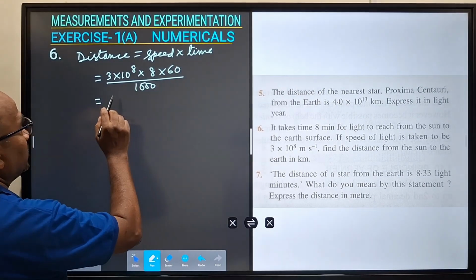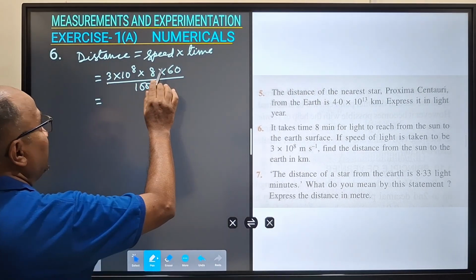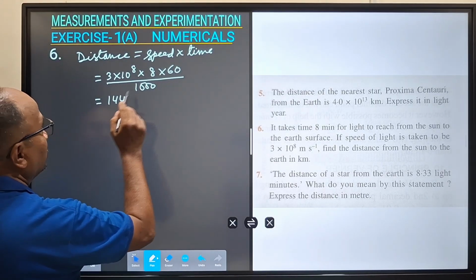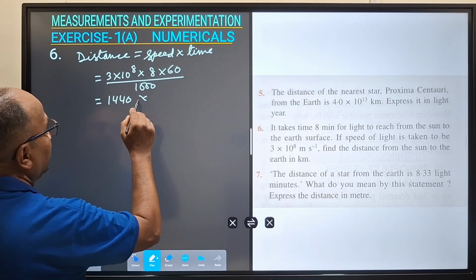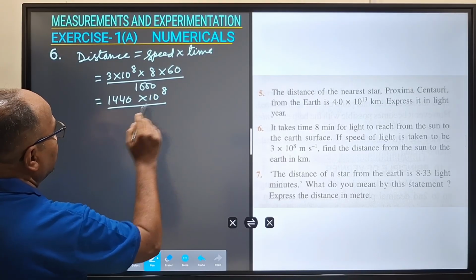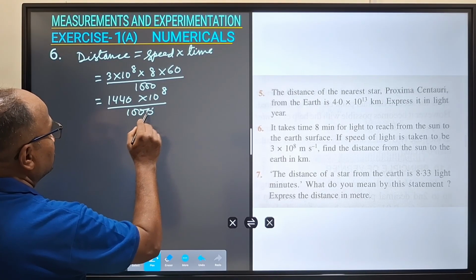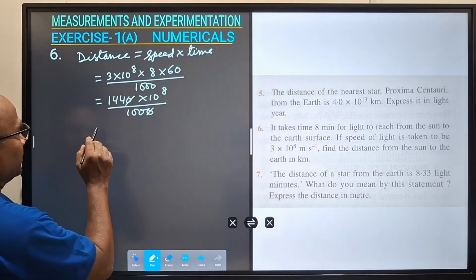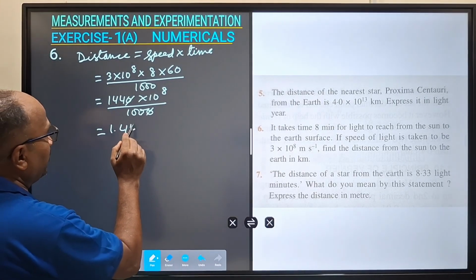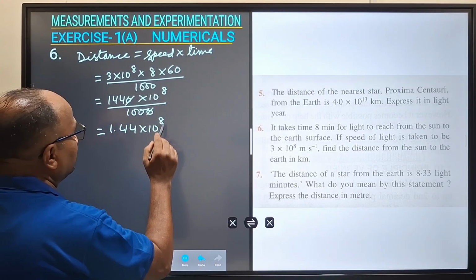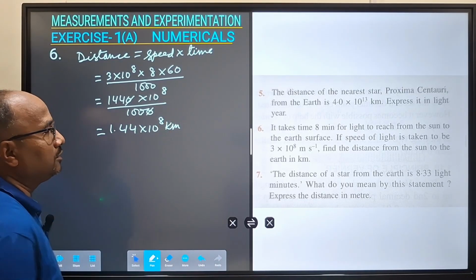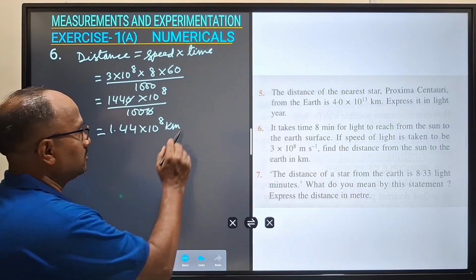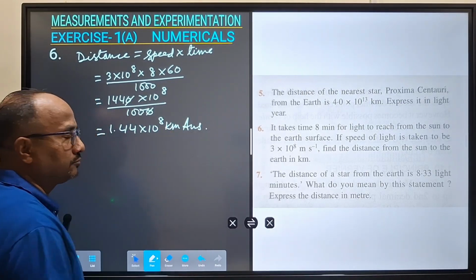So 3 into 60 is 180, into 8 will give me 1440, and then into 10 to the power 8 divided by 1000. So this will cancel, and the decimal will move places backward. So I will get 1.44 into 10 to the power 8 kilometer. So this is the distance from the sun to the earth's surface. Done.